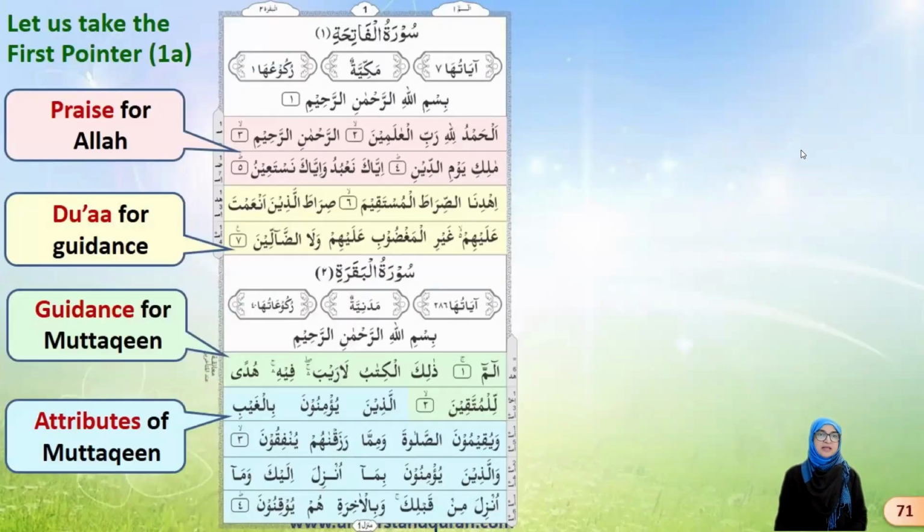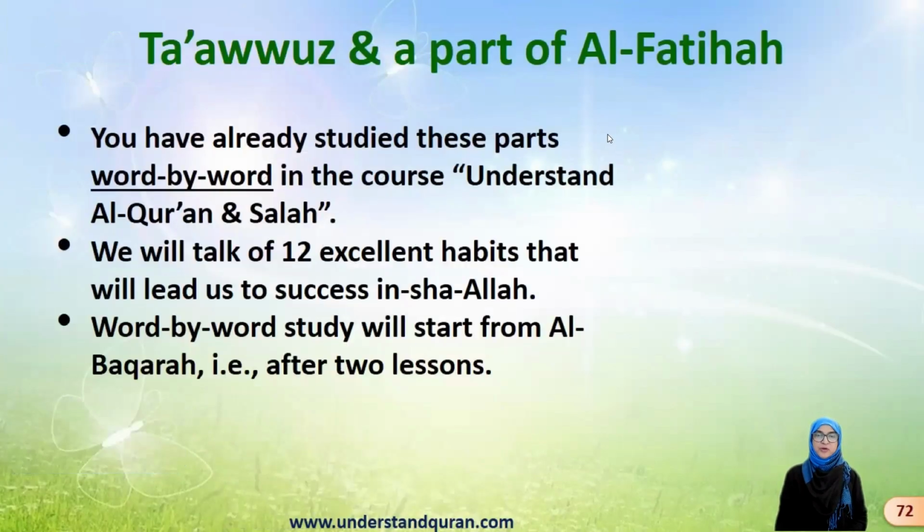So let us take the pointer 1a, the first part. We are looking at praise for Allah, pointer 1a. So we have ta'awuz and that first small part of it. You have already studied these parts. We have already done them in course 1, so I'm not going into details of Surah Fatiha. When we did Salah, you already did Surah Fatiha in the Salah section of course 1 in very great detail.